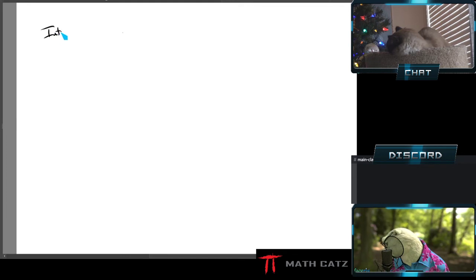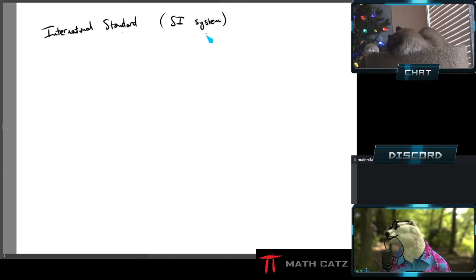So the international standard for the SI system uses that exact thing. I'm not going to write them all, but let's say it uses 1 meter unit and builds on that.